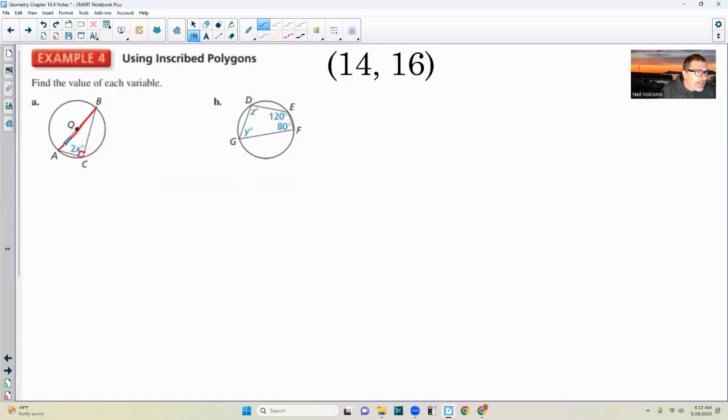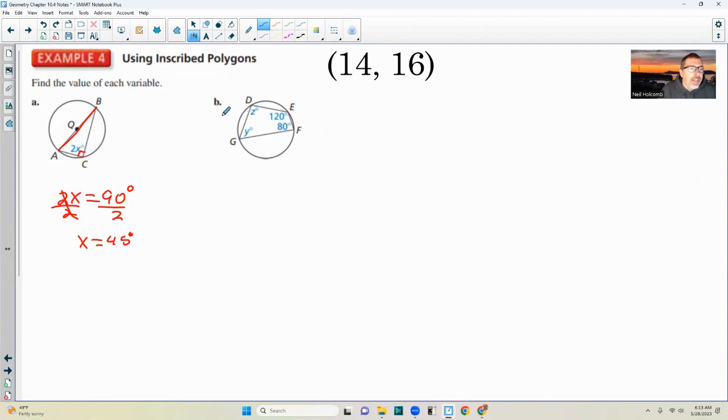So AB is a diameter, and that's the side of a triangle, therefore that's the hypotenuse, and angle C is 90 degrees. So since C is 90 degrees, then I can say 2x equals 90 degrees. Divide both sides by 2, and x equals 45. Okay, so there's x. It's that simple. Right triangle, 2x equals 90. Solve.